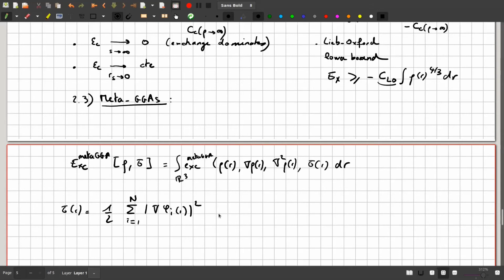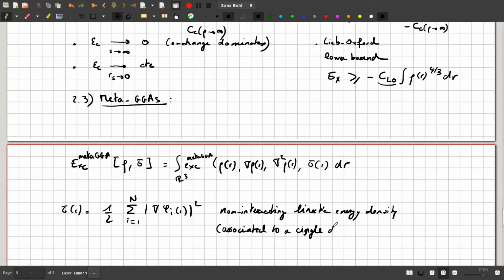So that's basically the non-interacting kinetic energy density. That means that it is associated with a single determinant wave function, because it is a non-interacting quantity.